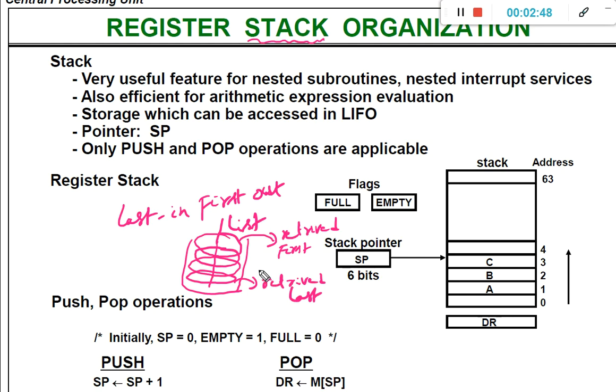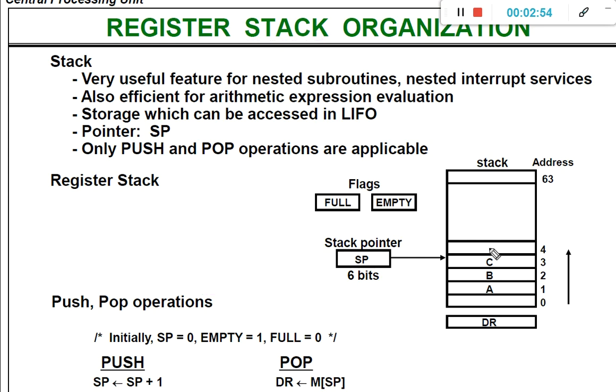Coming to the implementation of the stack, there will be a stack pointer. The stack pointer is called SP here. In data structures, we call it the top of the stack. Now here we are going to consider it as SP, the stack pointer.